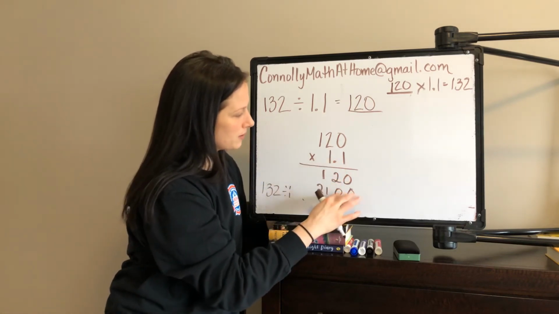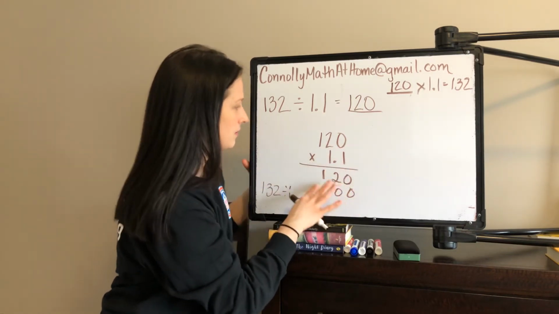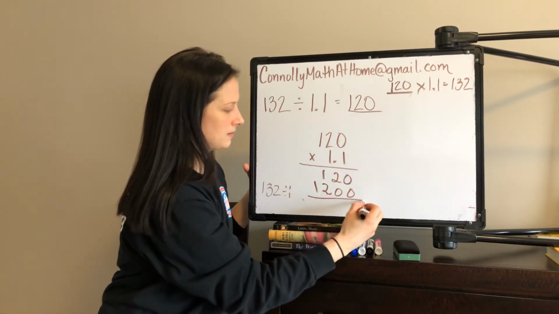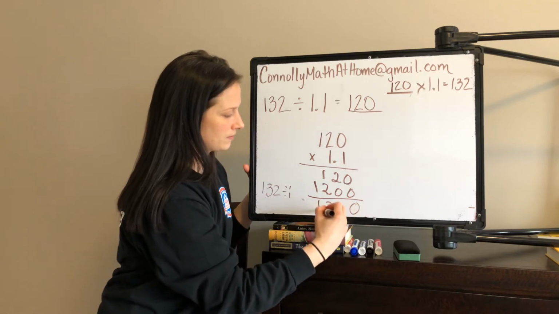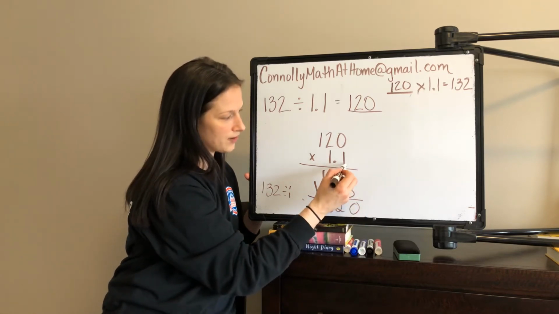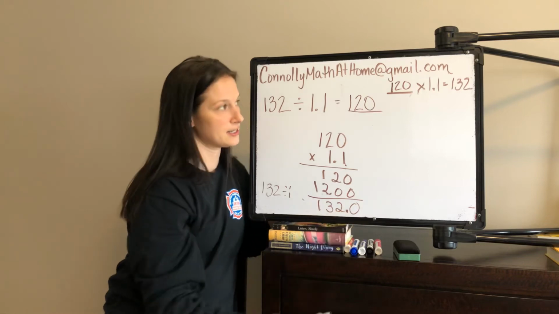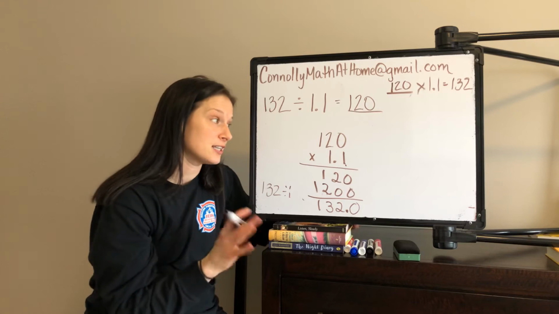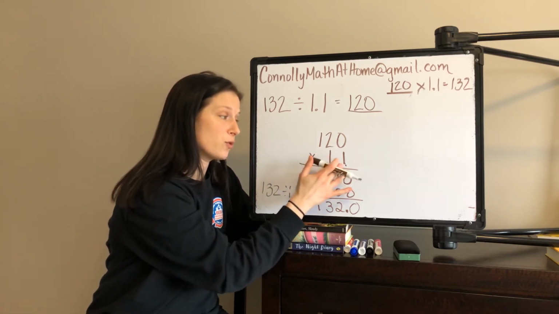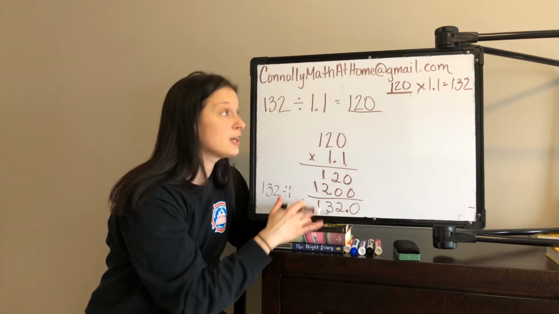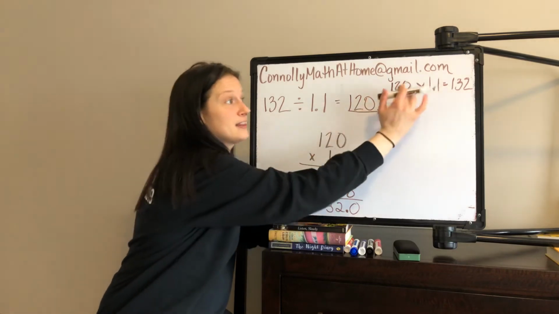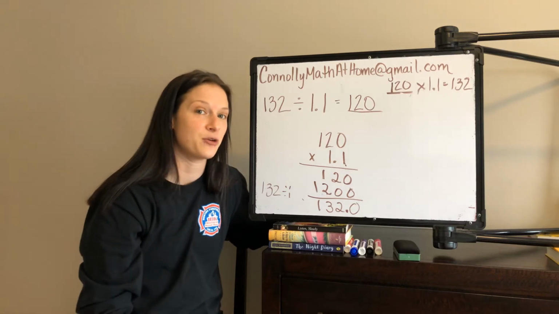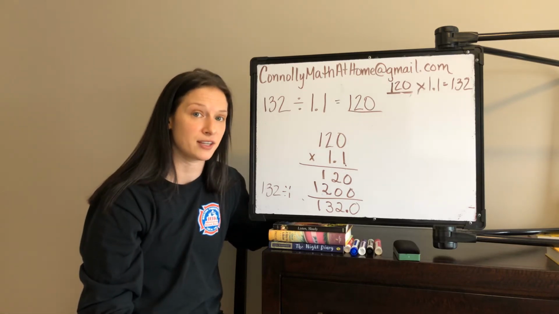Sorry, this board is so small. And then I know that this factor got 10 times smaller, so my product gets 10 times smaller. So I just double check with multiplication. Does it make sense to say 120 groups of 1 1/10 is 132? And this makes sense. And it's close to my estimate. Then I know that I probably did something correct.